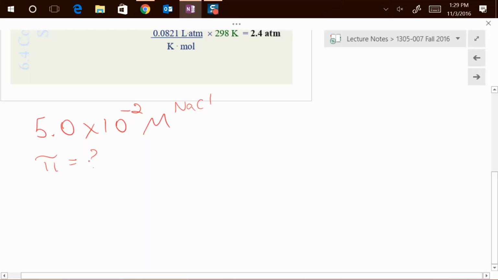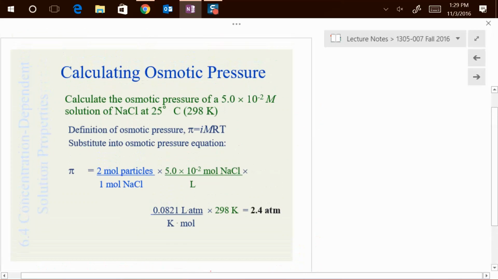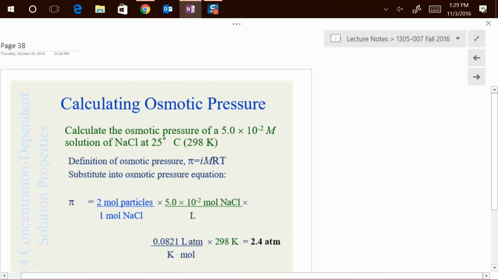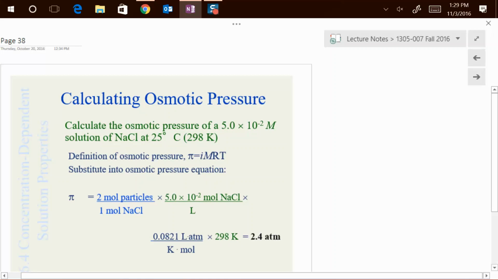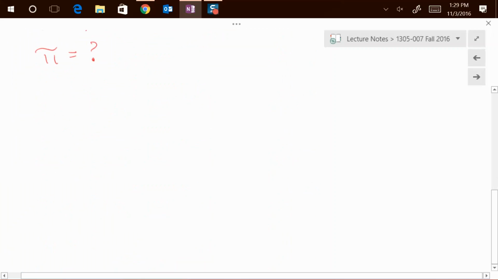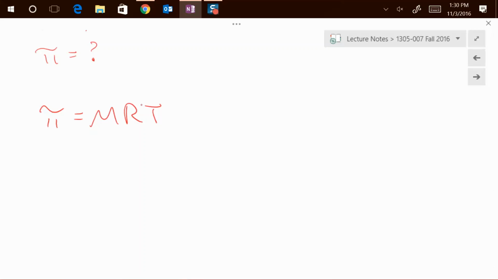That's what we want to find. So pi equals mRT. M takes care of my moles and my volume, then R and T. So all I need is the temperature here.